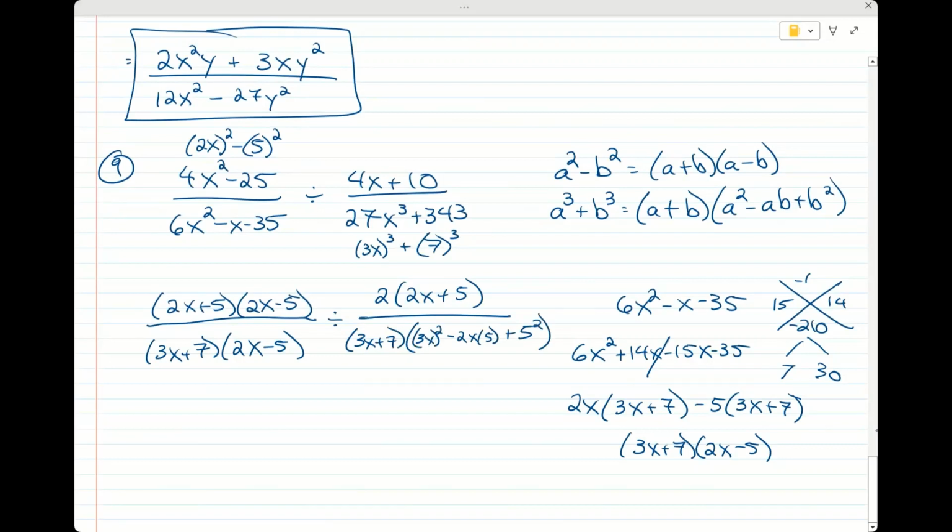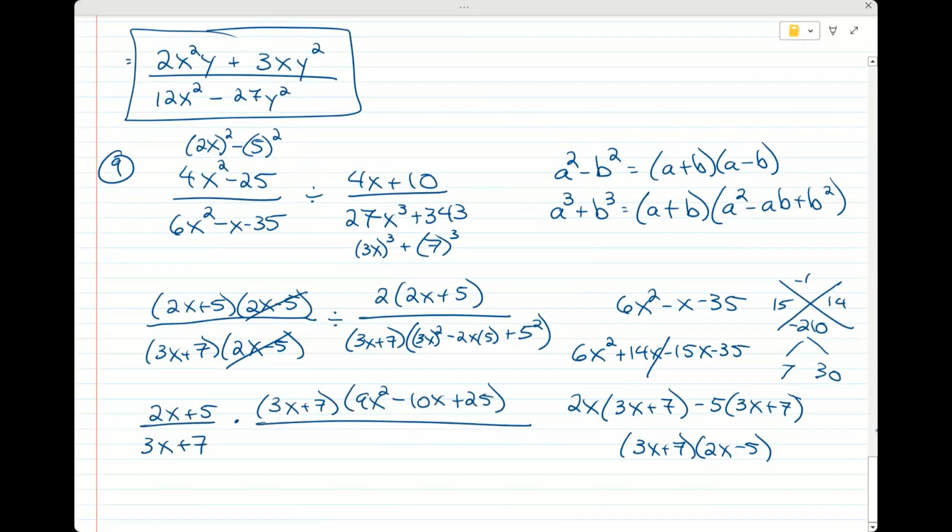And then when you divide, that's the same thing as multiplying by the reciprocal. So let's see here. We can go ahead and cancel these out. We get 2x plus 5 over 3x plus 7. And we're going to be multiplying by 3x plus 7 times 9x squared minus 10x plus 25, all divided by 2 times 2x plus 5.